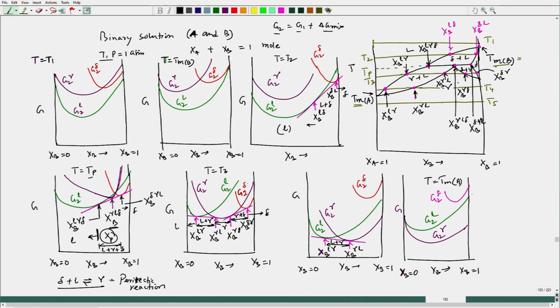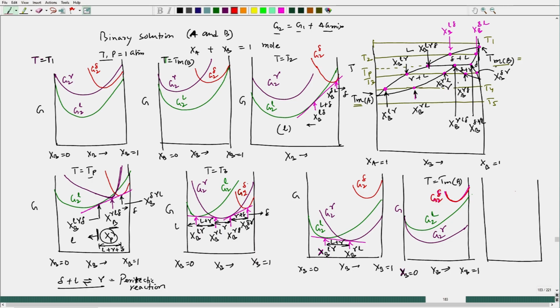Okay. And finally, if I go to T5, I can draw those plots. This one should be marked in red color, because G2 delta, that is always red colored. Is that correct?